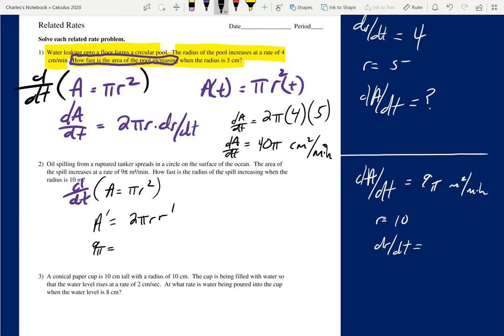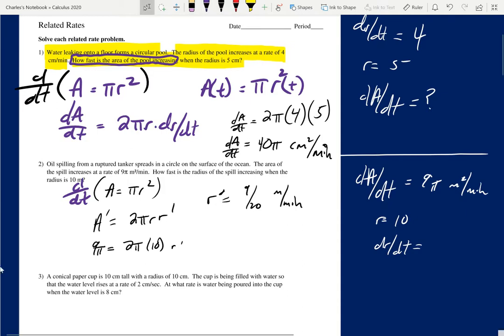And then I'm just going to plug in 9 pi is equal to 2 pi times 10 times r prime. And r prime would equal 9/20. And what would the unit be? Well, this is how fast the radius is changing. And the radius is increasing not in meters squared per minute, but meters per minute.